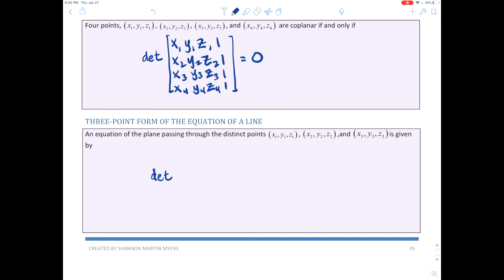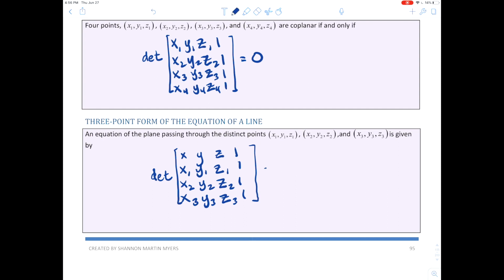So the determinant of x, y, z, 1, and then we'll have x1, y1, z1, 1, x2, y2, z2, 1, and then x3, y3, z3, and 1. And then you set that equal to 0 and solve it, and you'll get the equation of a plane.